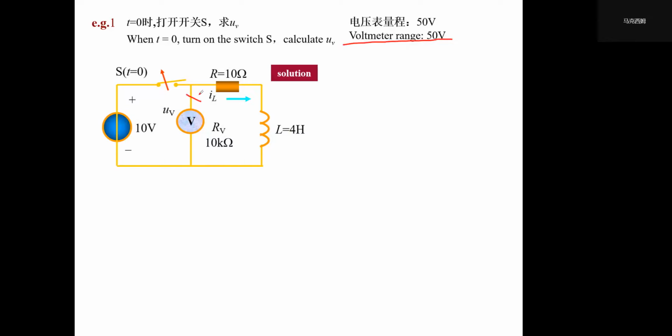So let's see. The original state of the current i_L equals 10 over 10, which is 1 ampere. From a steady state, the inductor behaves like a wire, right? We already know that. And we know i_L equals this. From the conclusion we have already written about, the RL circuit.